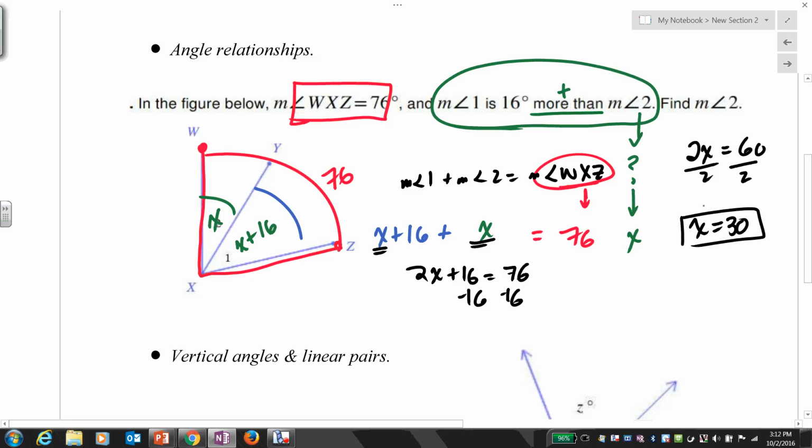You need to go back and plug it in and see what happens. That means this is 30. And then this is 30 plus 16, which is 46. So first off, check your math. 30 plus 46, yes, that is 76. Check, it's accurate. We want the measure of angle 2, which in this case is simply 30.